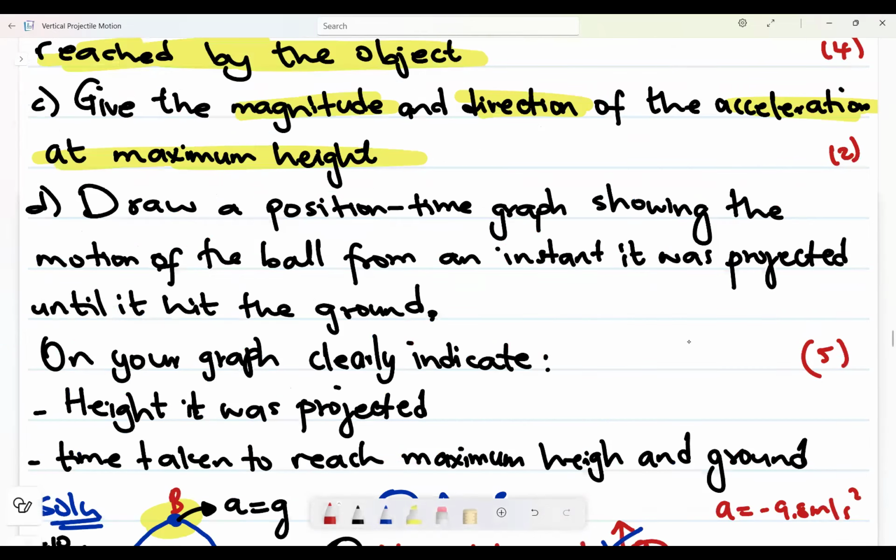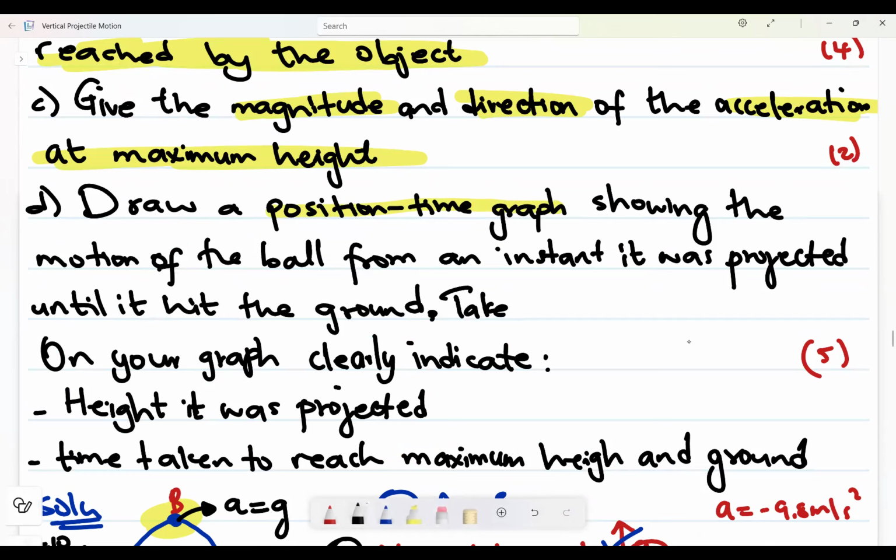It says, draw the position time graph showing the motion of the ball from an instant it was projected until it hit the ground. There's something I forgot, I'll add it.